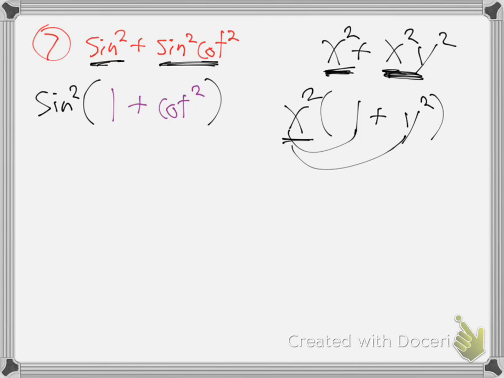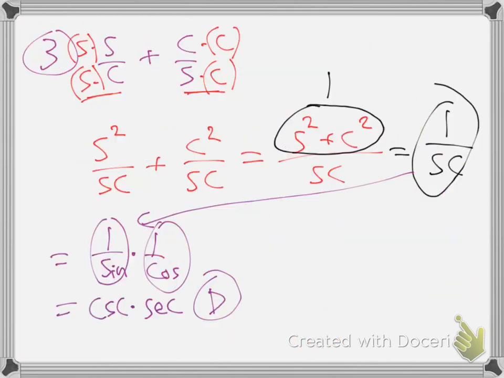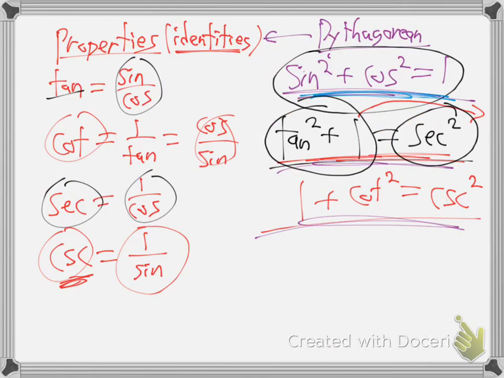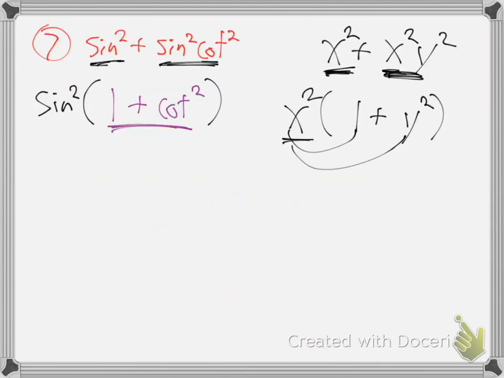Look back at your properties. There it is. 1 plus cotan squared is cosecant squared. You would want to be looking for things like 1 plus tangent squared or 1 plus cotan squared, and they're in our property list. So this is sine squared, and this is cosecant squared. Now what?